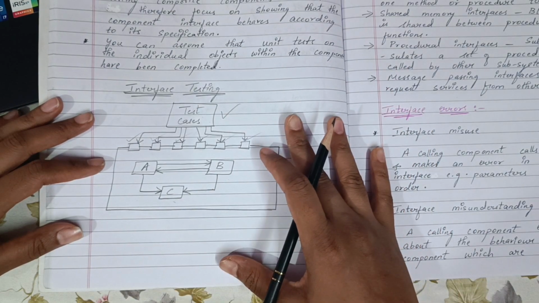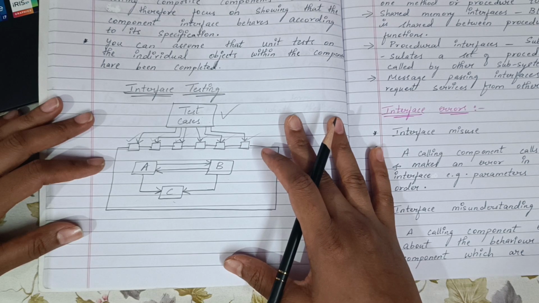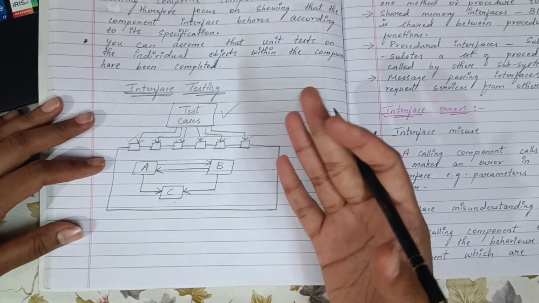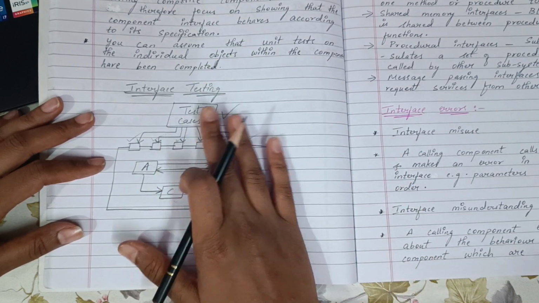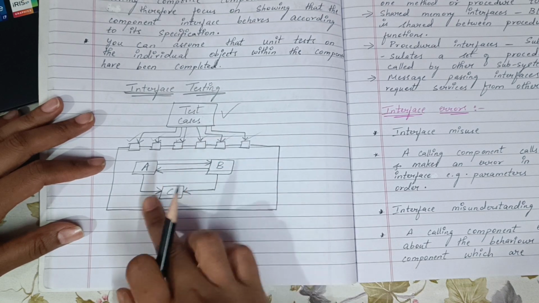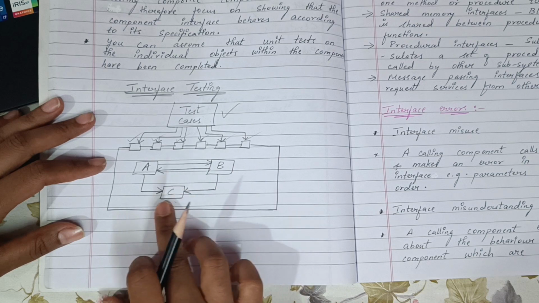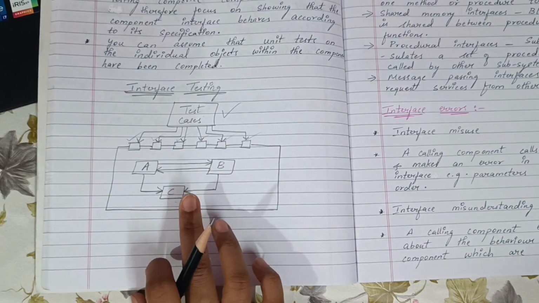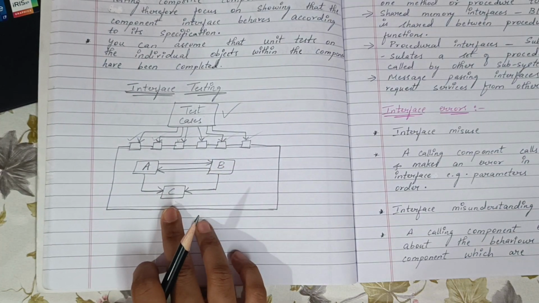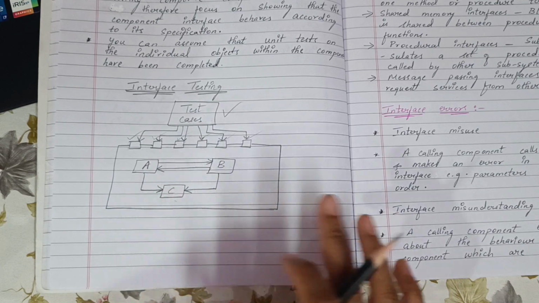That is what interface testing is, which is component testing, whose other name is interface testing. We define the interfaces between the components and test whether they interact properly or not.